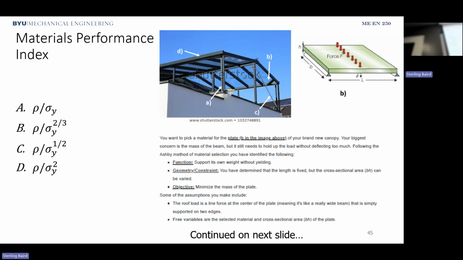You'll make these assumptions. The roof load is a line force at the center of the plate. So it's like a really wide beam, supported on two edges. The three variables are the material, the load, and the cross-sectional area, B times H, of the plate.